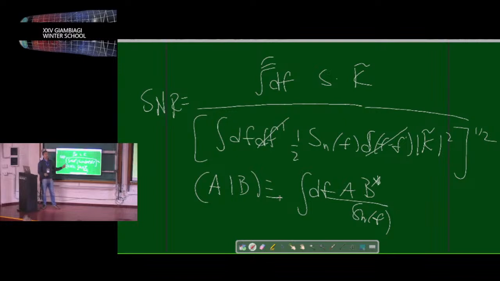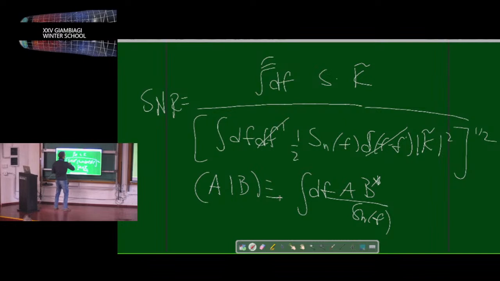Well, it's two vectors when their scalar product is maximum. If I rescale B by an arbitrary amount, of course I can increase this product at will. But suppose that B has a fixed norm. What is the choice of B that maximizes the scalar product with A? When the two are parallel. I just choose B to be parallel to A, and I'm sure that for a given norm, this is the maximum I can obtain. There's no way to go beyond that.